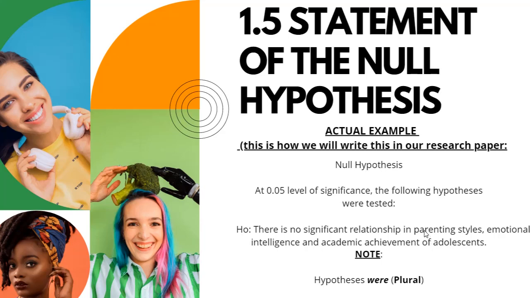So, diri, actual example. And this is how we are going to write the null hypothesis in our research paper. Okay? So, at 0.05 level of significance, you can just write that.